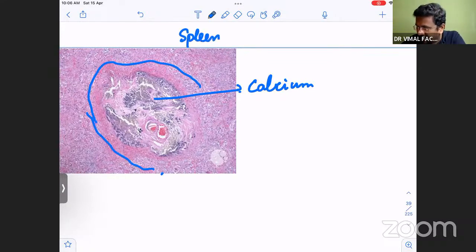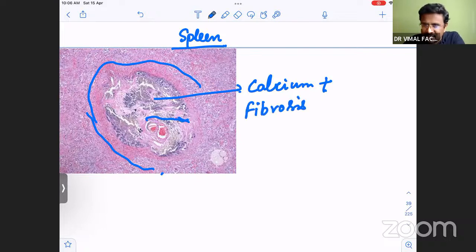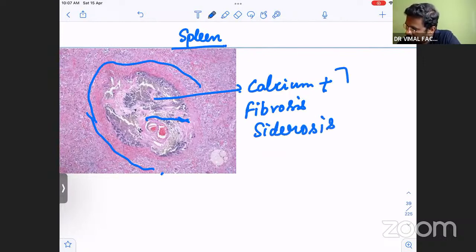In the spleen there are calcium deposits, plus there is fibrosis, and there is siderosis, that is, hemosiderin deposition. That is called siderosis. So these bodies are called sclerosiderotic bodies.